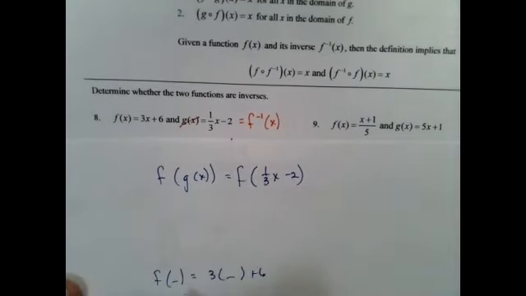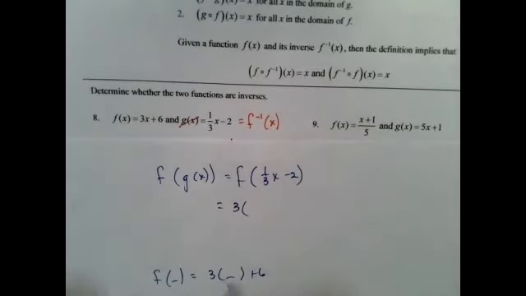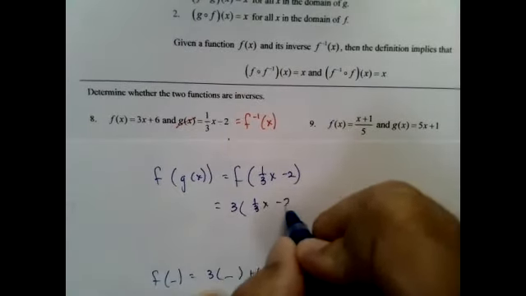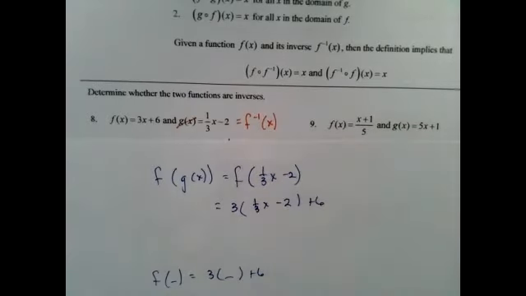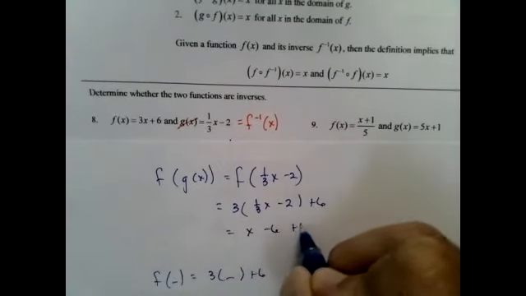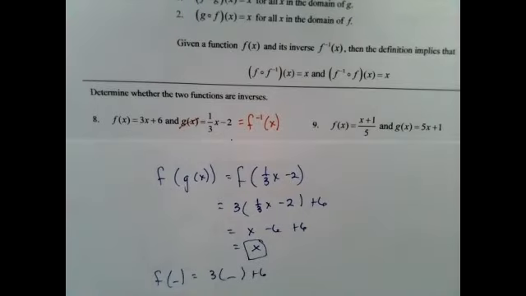That means when I come to my function, it's going to be 3 times the blah, 1/3 x minus 2, plus 6. Oh, nice. x minus 6 plus 6 equals x.